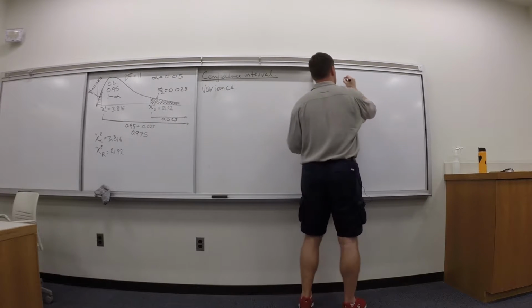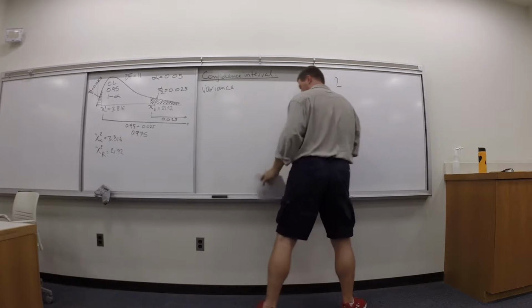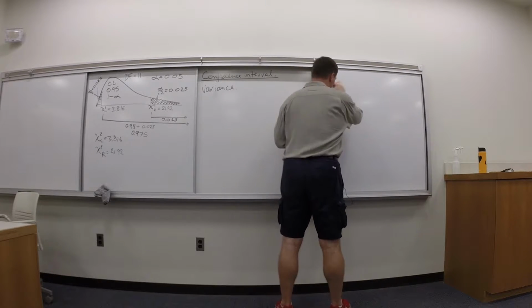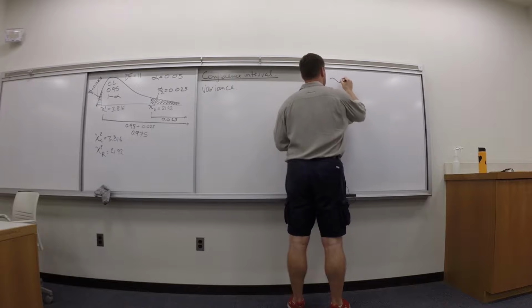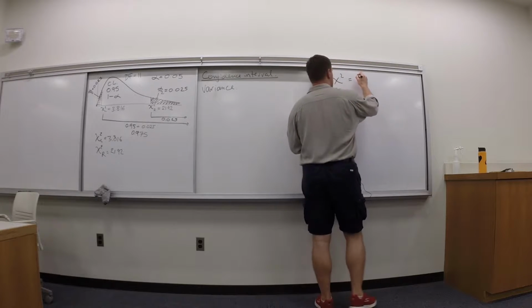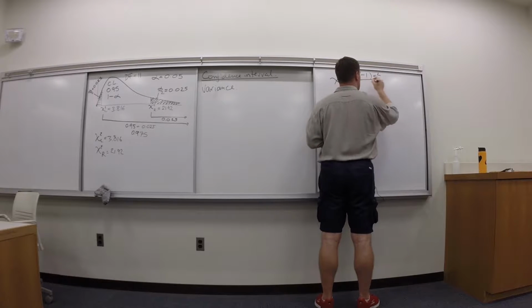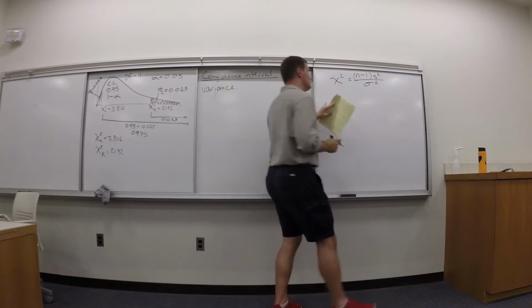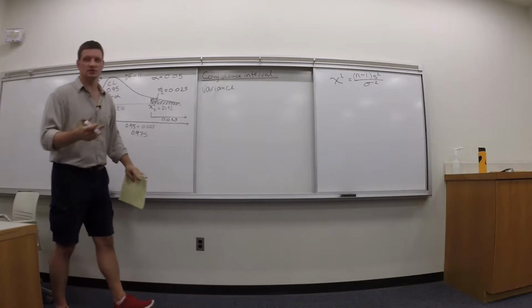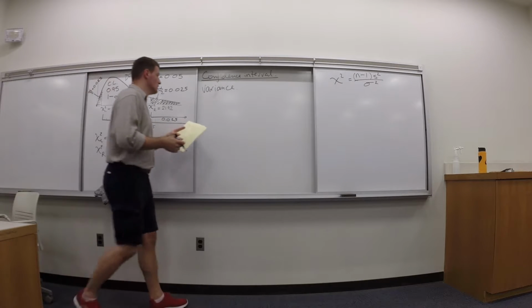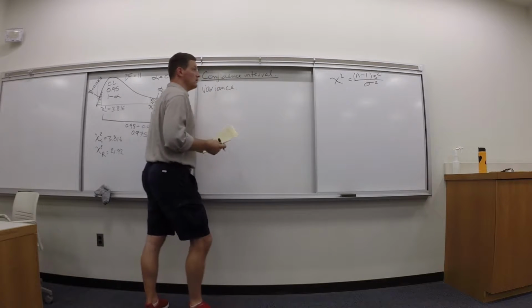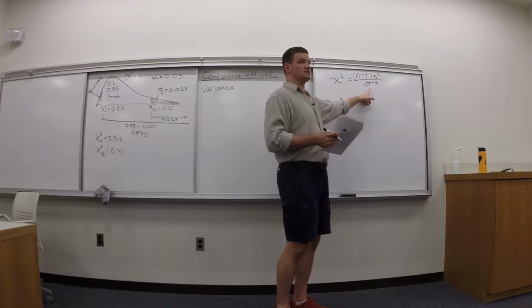Remember that chi-squared was defined as n minus 1 times s squared divided by sigma squared. While remembering this, I erased it, so you guys have it on now. We're going to move it around till we get sigma out of this.